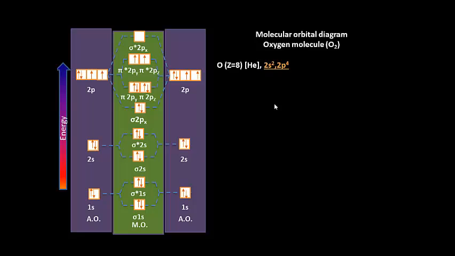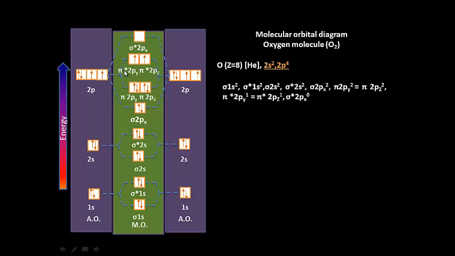The electronic configuration of the oxygen molecule is sigma 1s2, sigma star 1s2, sigma 2s2, sigma star 2s2, sigma 2px2, pi 2py2, pi 2pz2, pi star 2py1 and pi star 2pz1.